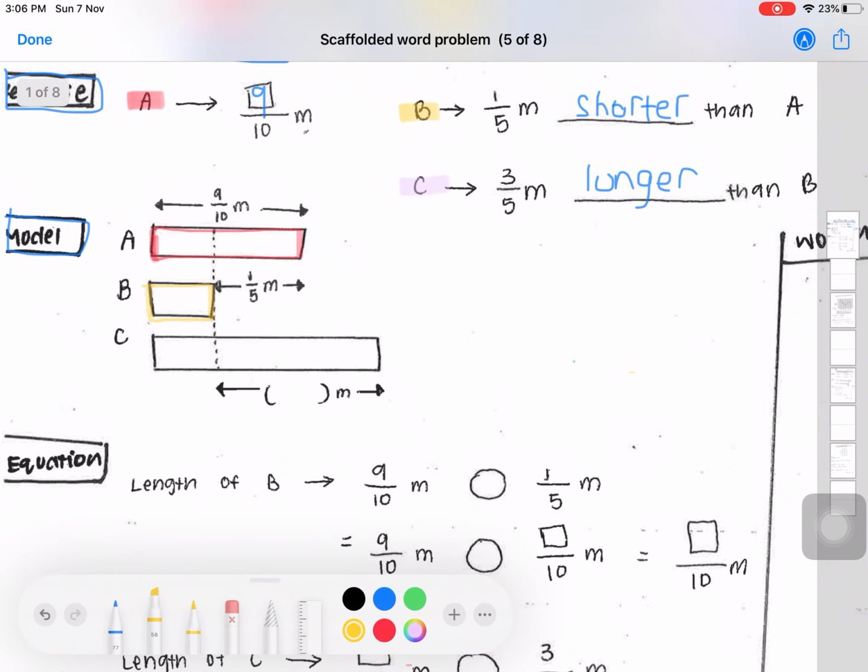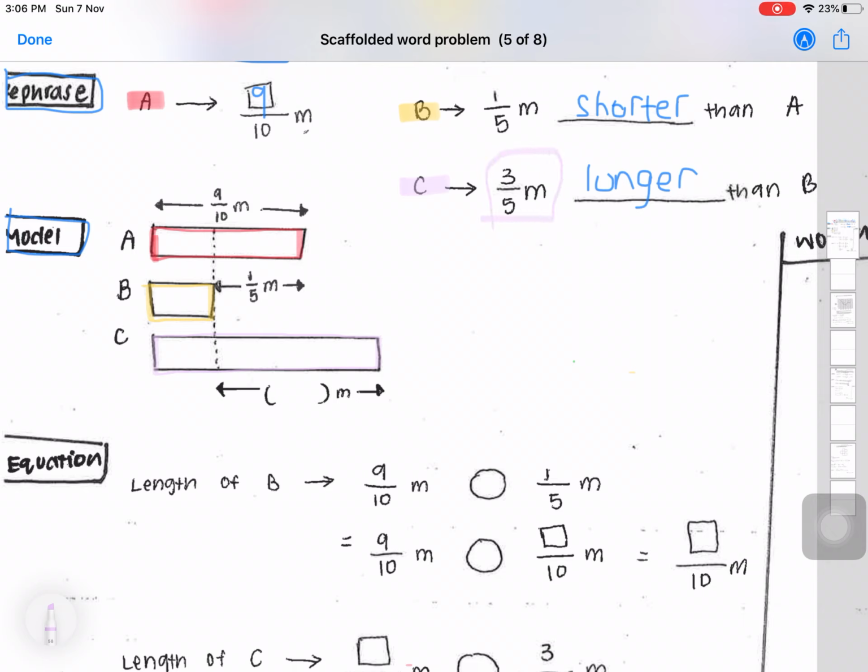And wire C is longer than wire B, so it will have a longer model than B. And it is 3/5 meter longer. So I will write down 3/5 meter here. 3/5 meter.